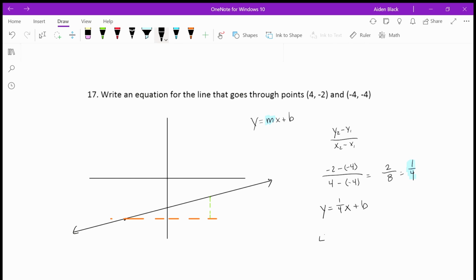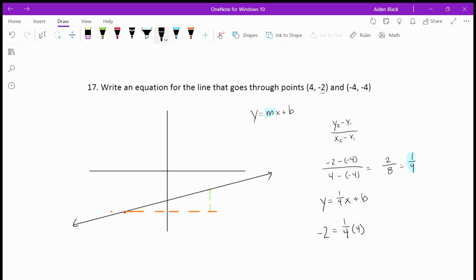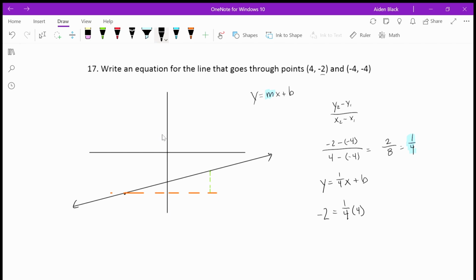So -2, because that's our y, is equal to 1/4 times 4, but -2 is not equal to 4/4, right? That's where plus b comes into play. So what's the value of b? We know 4/4 is equal to 1, so we'll subtract 1 from each side.